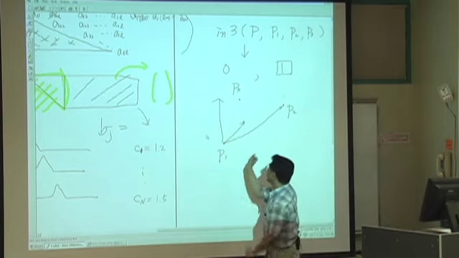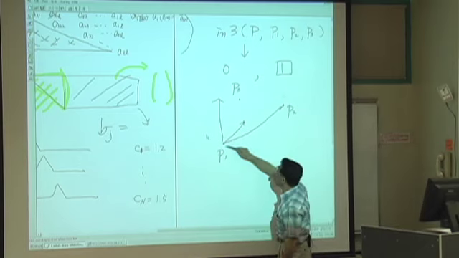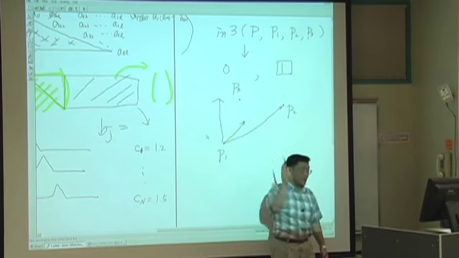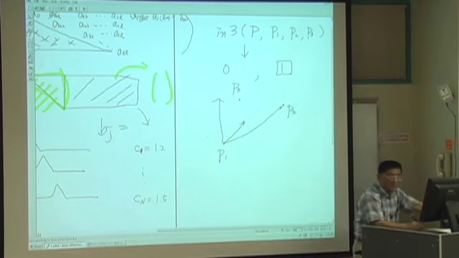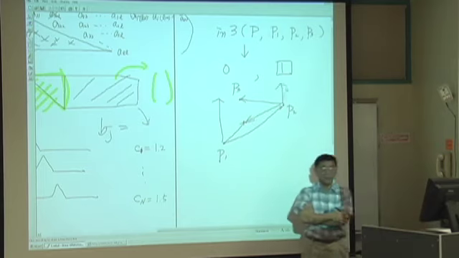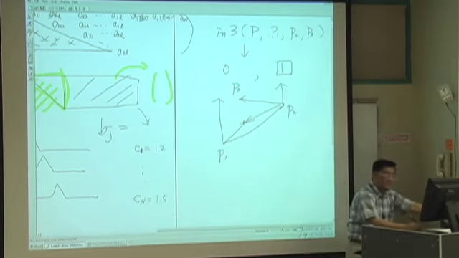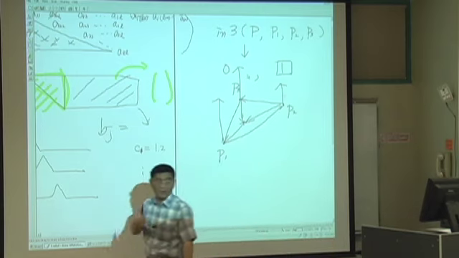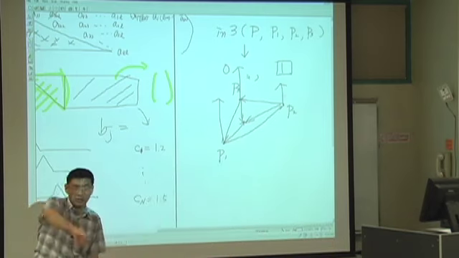Then this vector multiplied by this should point in the upper direction, right? And the next one, this vector cross this vector, should also be the upper direction. And then the P3 to P1 vector and this vector should be the upper direction. In other words, the direction should be upper or lower.